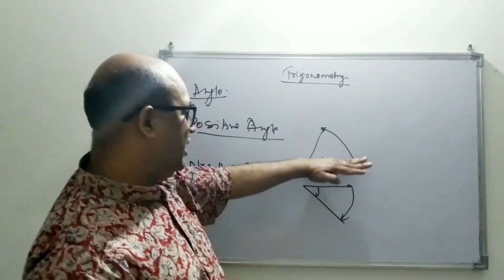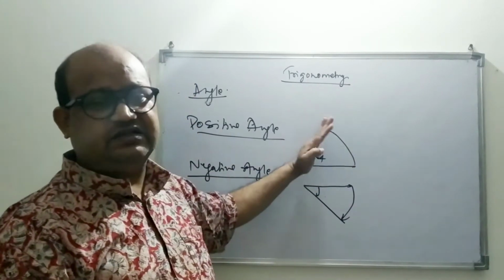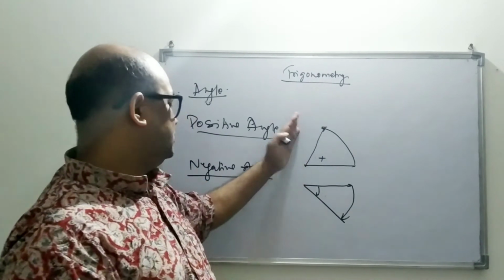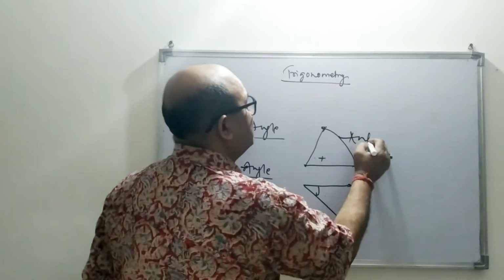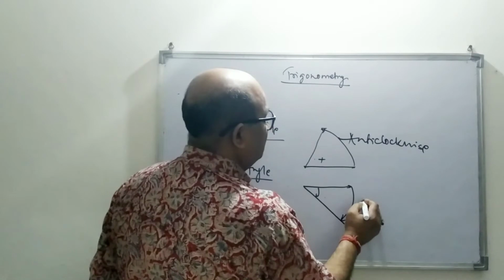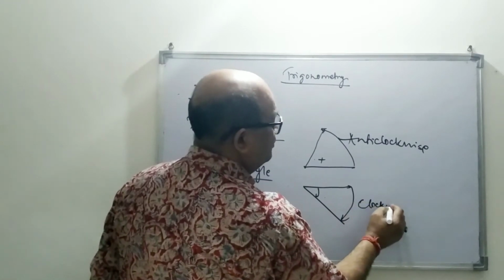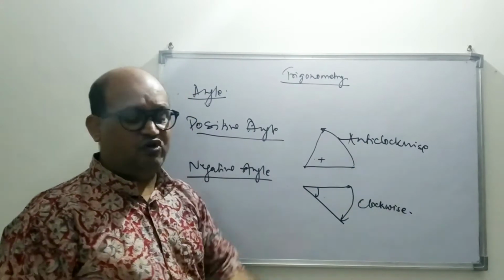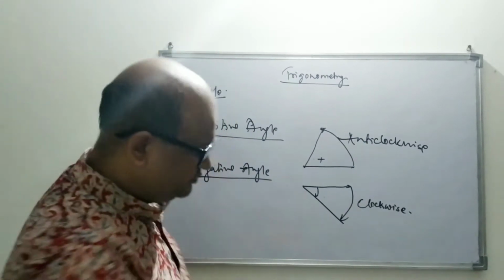And if the terminal ray moves in a positive direction, that is anti-clockwise direction, then it is called positive. So here anti-clockwise, and here it is clockwise. Clockwise movement of terminal ray. This is anti-clockwise movement of terminal ray.